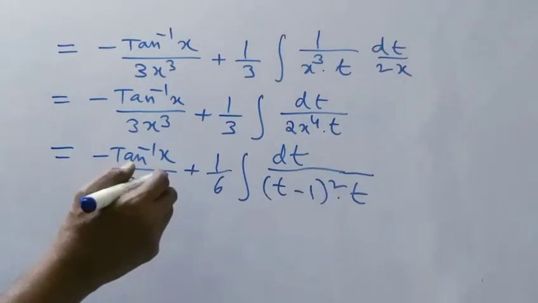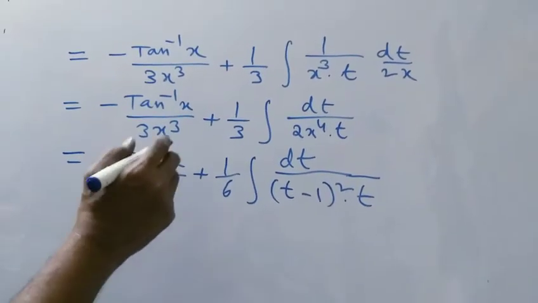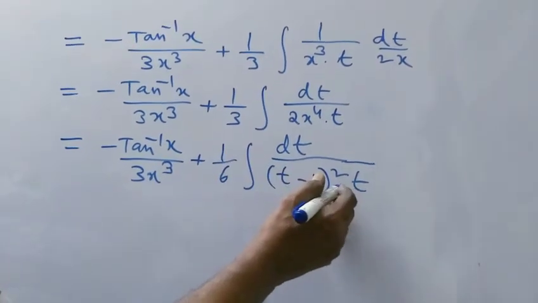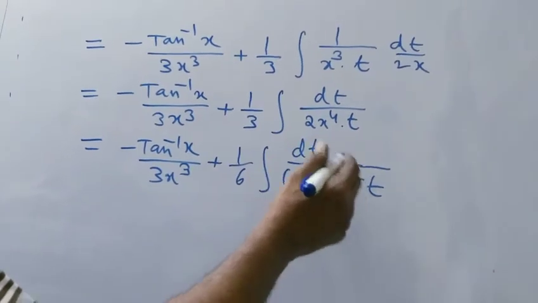Now minus tan inverse x by 3x cube plus 1 by 6 integral of dt by t minus 1 whole square into t. So it seems to be partial fractions.